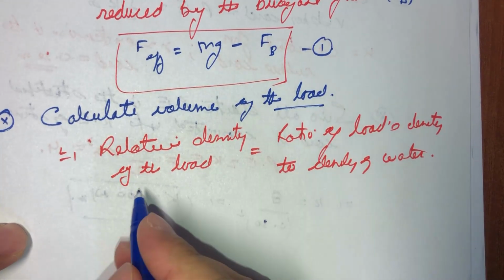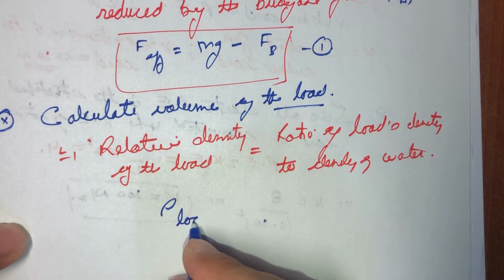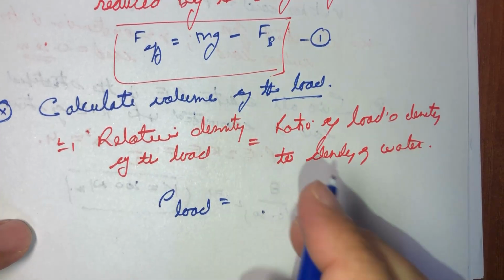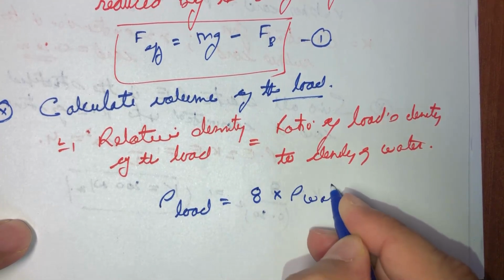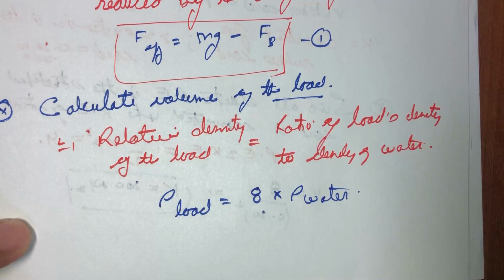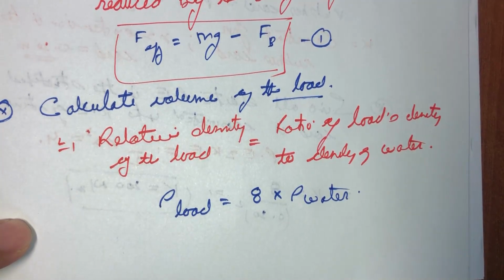So it means the density of the load is, suppose, rho load, then it will be equal to 8 multiplied by density of the water, because the relative density is given as 8.